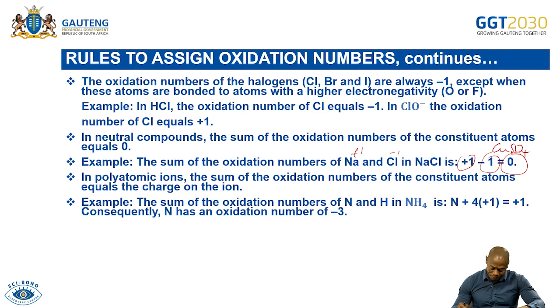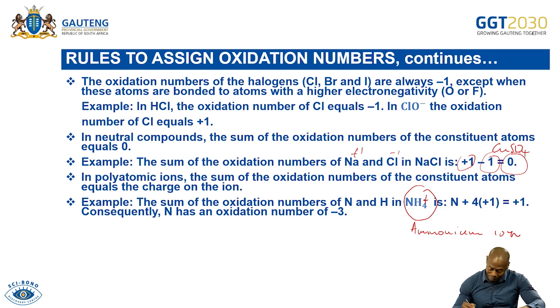This is ammonium, so here is plus 1, so this is the ammonium ion, right? So they are saying the sum of the oxidation numbers must equal plus 1.